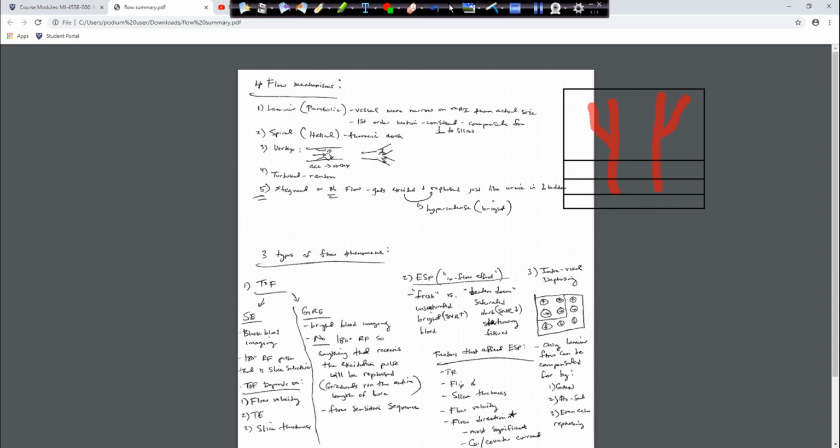And then finally we have our stagnant or no flow, which just sits there almost like urine within the bladder. That gets those excitation pulse and the refocusing pulse, so it actually becomes bright on our image, just like other fluid pathologies on a T2 weighted image. Then we talked about the flow phenomena, and the two main flow phenomena that we really spent time on were time of flight and entry slice phenomena.